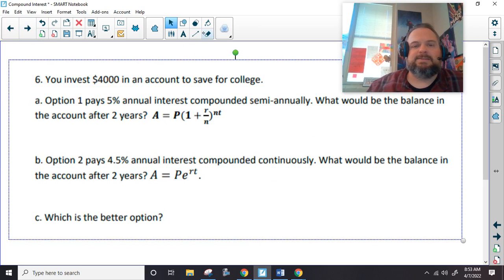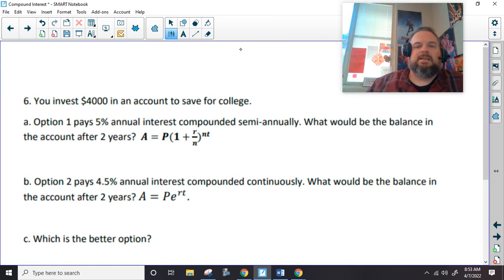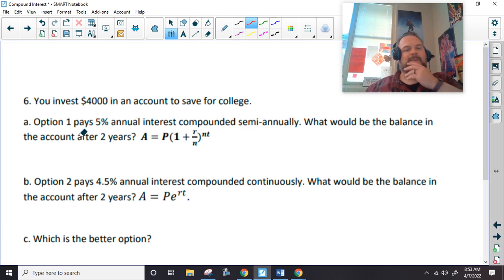All right. Here's a biggie. I like this. All right. We invest $40,000 in an account to save for college. Option one, 5% annual interest semiannually. Yeah, that would be our two.